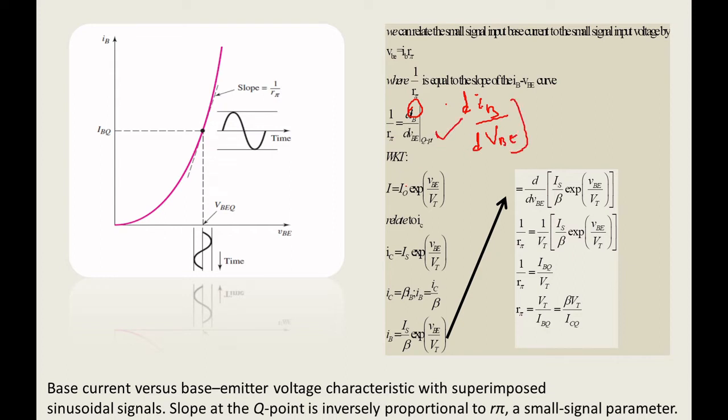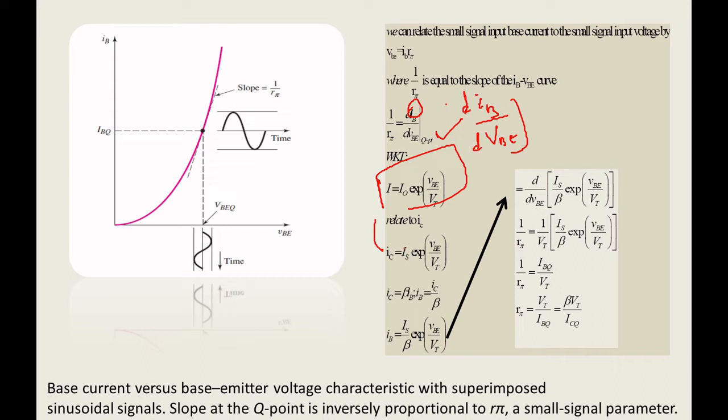And we know the basic current equation, I equal to I naught exponential of VB by VT. Okay, that is the basic current equation. I rewrote it as IC in terms of your parameters. Your output current is IC, and IS is your reverse saturation current.